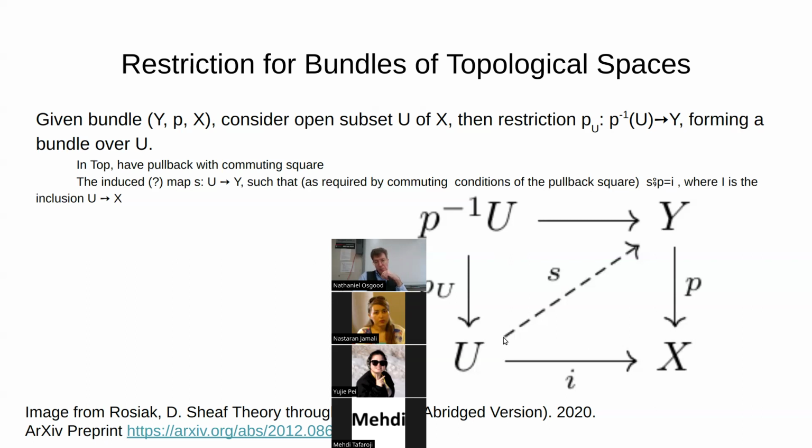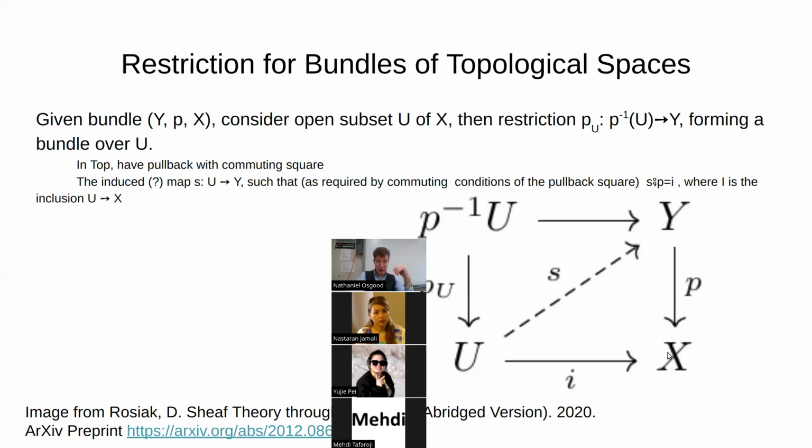Okay. Now, what he says is, look, this triangle commutes. So S is basically going up from U. Remember, S is the upwards map. It's going up from U to Y. That's the upper component, the section.